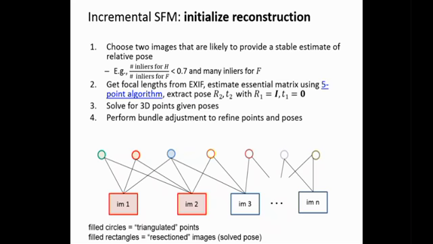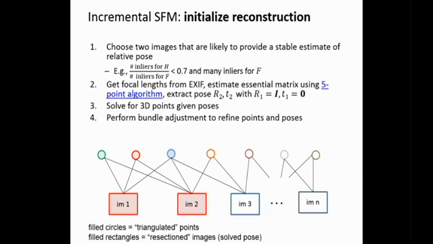So if I've got two images that are observing all points on a plane, then I can find a homography to relate those points to each other. So usually you check to see that most, or at least many, of your matched points cannot be accounted for by a homography, to make sure that you're not just imaging a plane from two images.